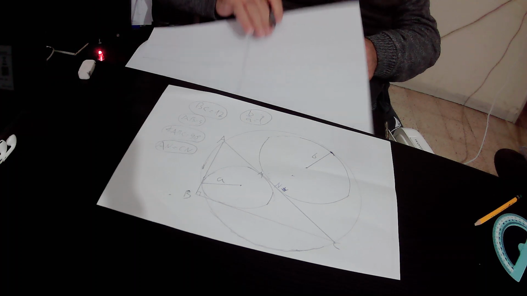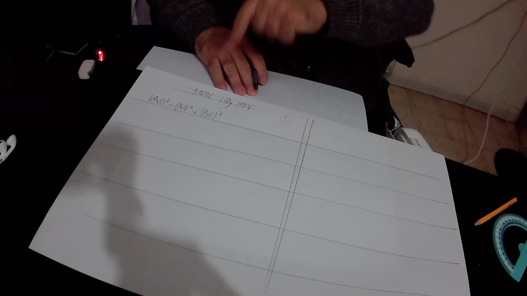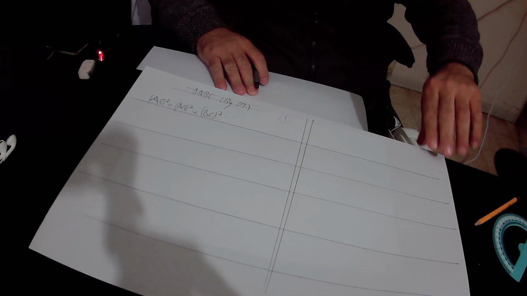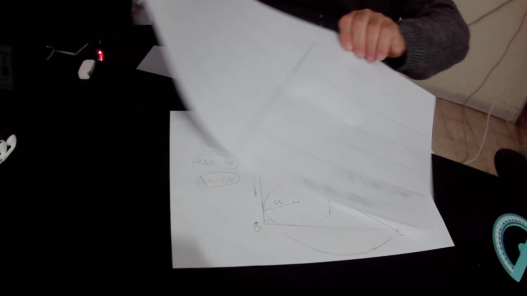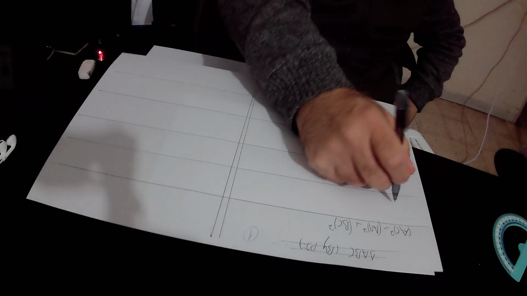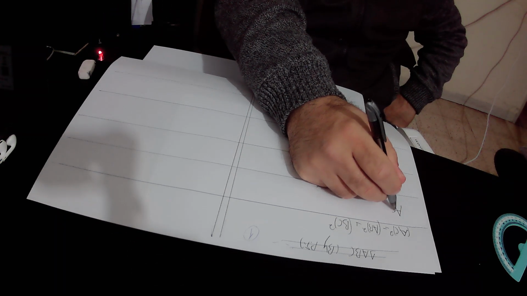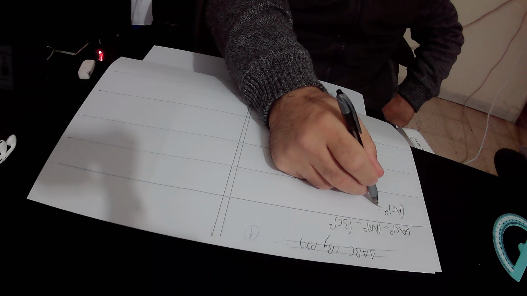Now repeat again. In the right triangle ABC, according to the Pythagoras theorem, AC square equals AB square plus BC square. So AC square equals AB square.